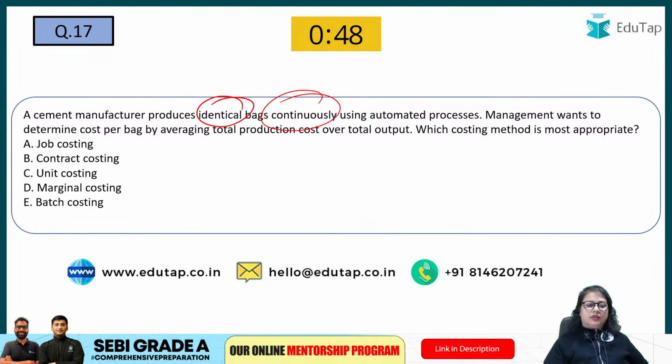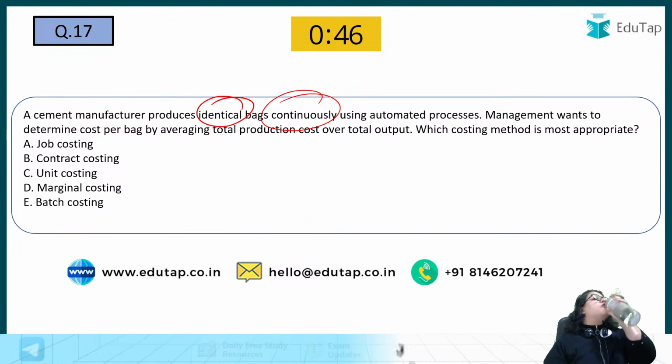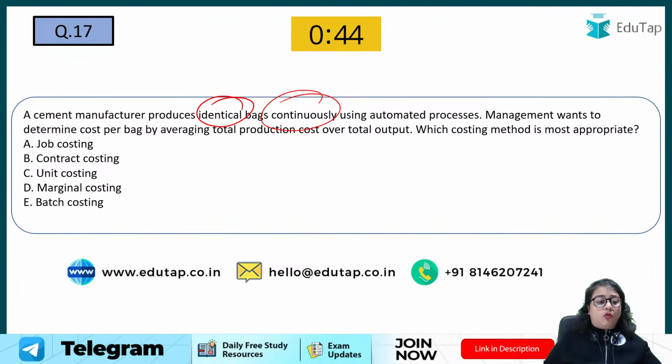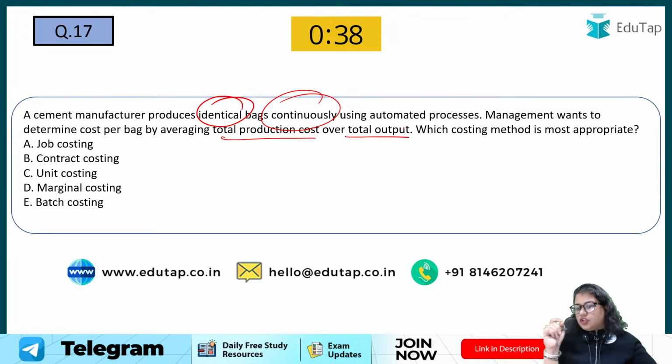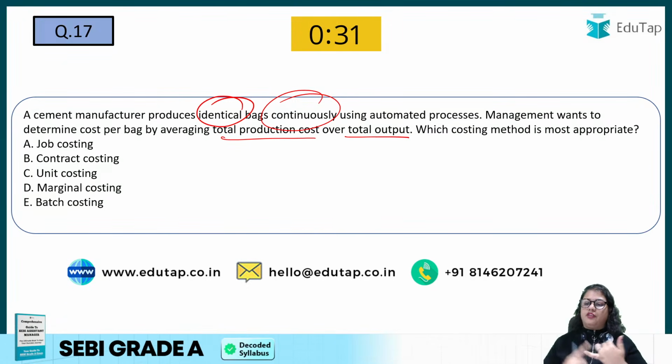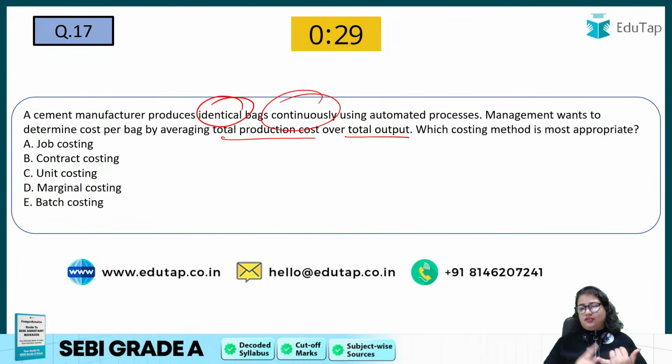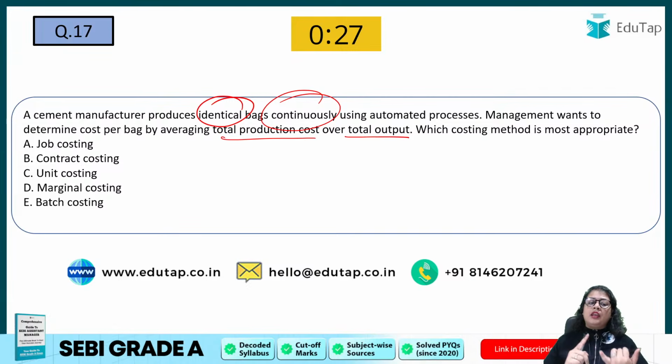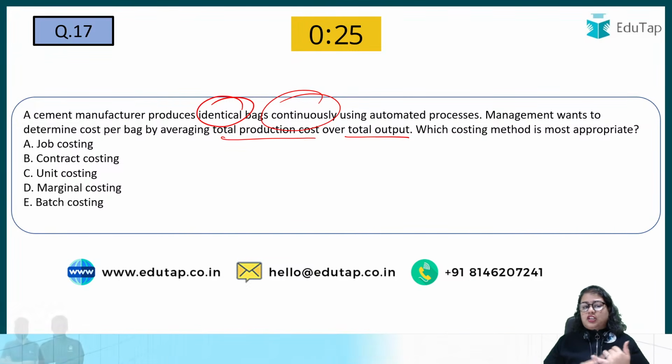Management wants to determine cost per bag by averaging the total production cost over total output. Which costing method is most appropriate? So basically identical products, produced continuously with automated, similar processes, and we want to calculate the cost per bag.